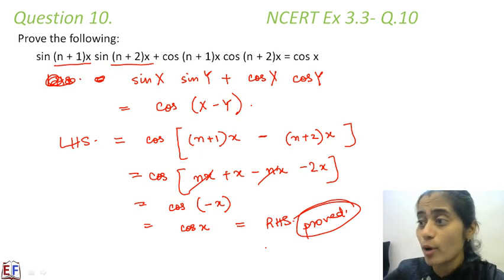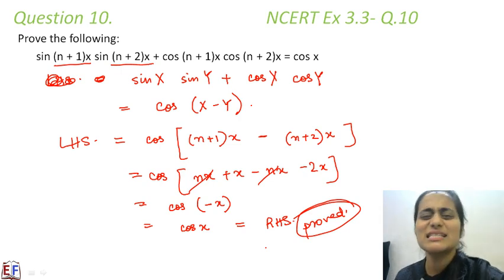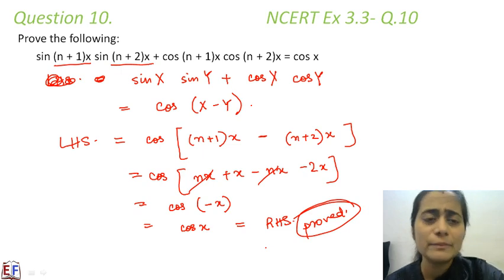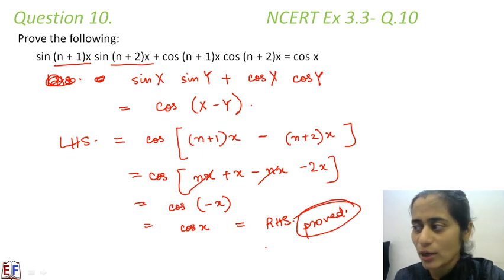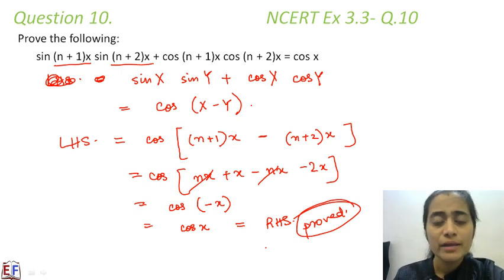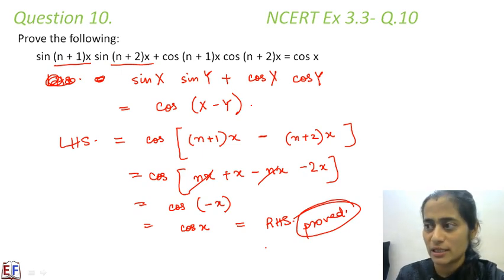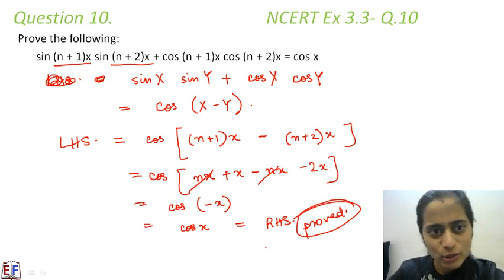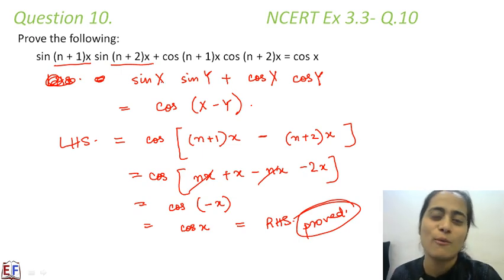Questions are not difficult, they only look difficult. But if we know the formula, and the most important thing, which formula to apply, then things become very easy. And this is a very generic tip: whenever you are dealing with these kinds of questions in trigonometry, I would say always spend 1 or 2 minutes to understand what is given here. For example, in this question it looks very complicated, but only when you spend a minute to understand what format it is in, then you understand that it is in the format of a formula, right?